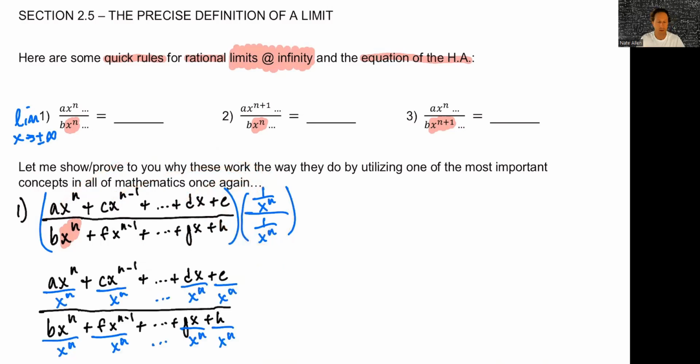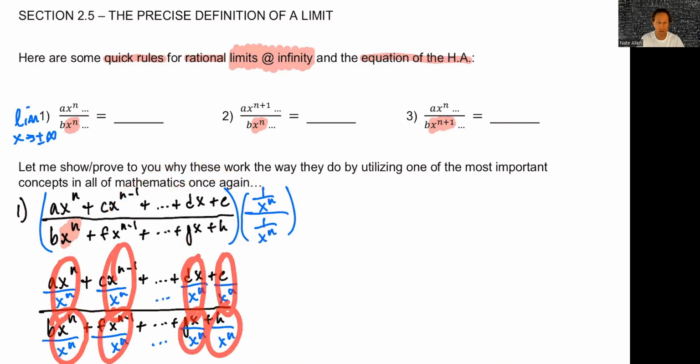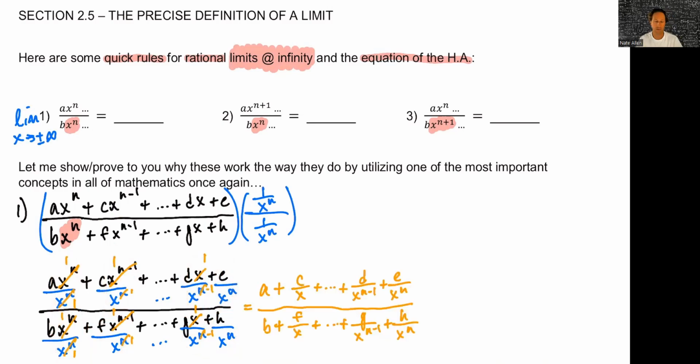If we multiply through that, 1 over x to the n, in other words dividing x to the n into every term on top and every term on the bottom, we can now do some canceling and simplifying. Now that I've divided out the x to the n from everything on top and bottom, it cancels out all of them here and here, all of them but one, because this had one more than that, and so on and so forth down the line.